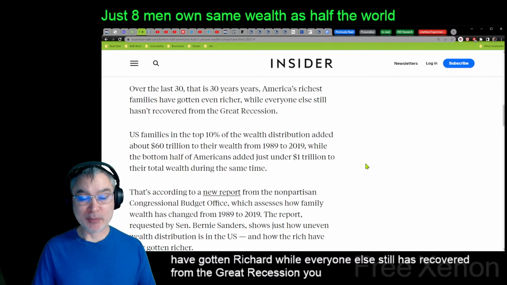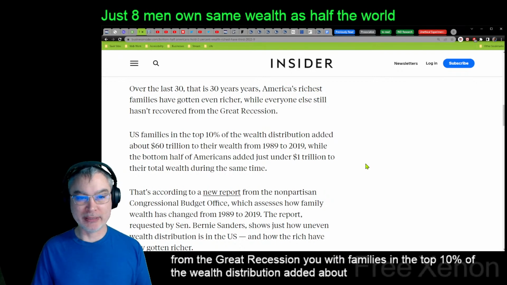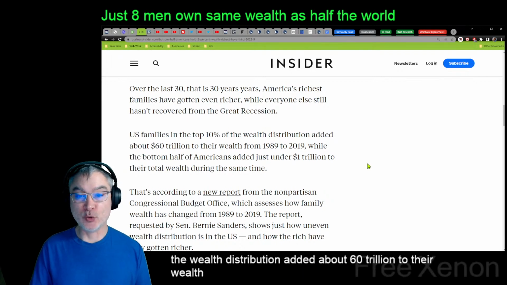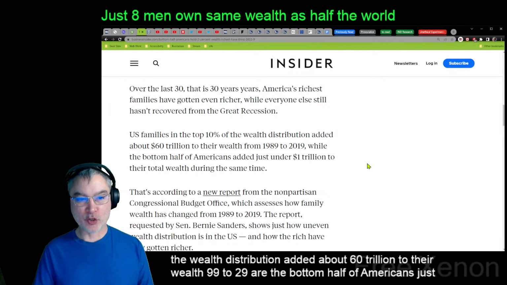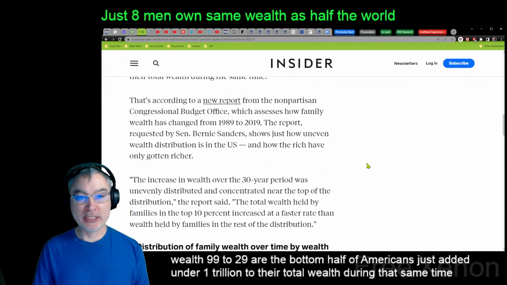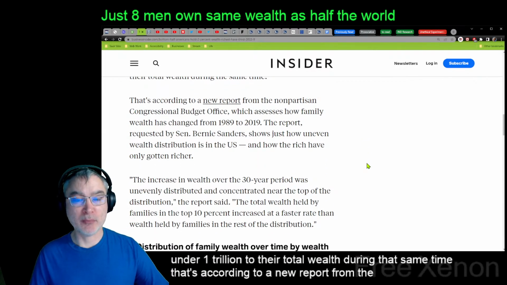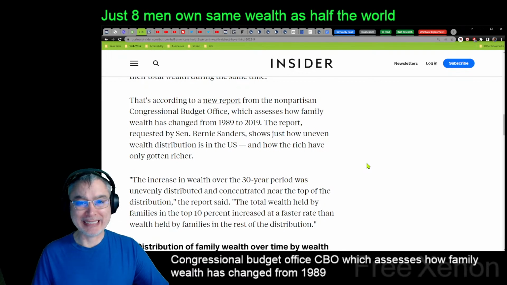U.S. families in the top 10% of the wealth distribution added about $60 trillion to their wealth from 1989 to 2019, while the bottom half of Americans just added under $1 trillion to their total wealth during that same time. That's according to a new report from the nonpartisan Congressional Budget Office, CBO, which assesses how family wealth has changed from 1989 to 2019.